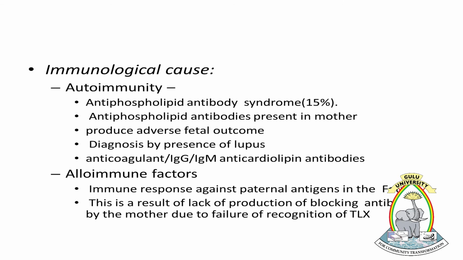So this may actually result in pregnancy losses. Of course, you have conditions that are classified as autoimmune disorders, like the antiphospholipid syndrome, and then systemic lupus erythematosus may also cause that.